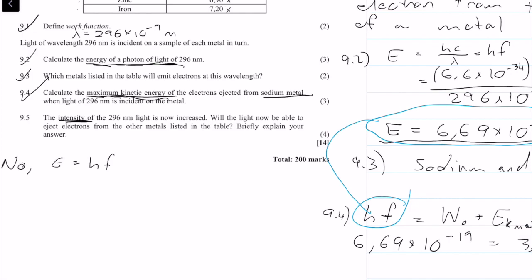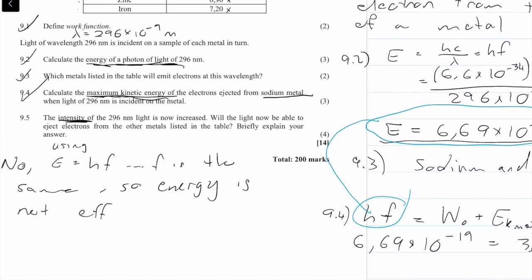So we can say no, using that equation, f is the same, so energy is not affected by intensity. We don't get any extra energy because the frequency of the light stays the same.